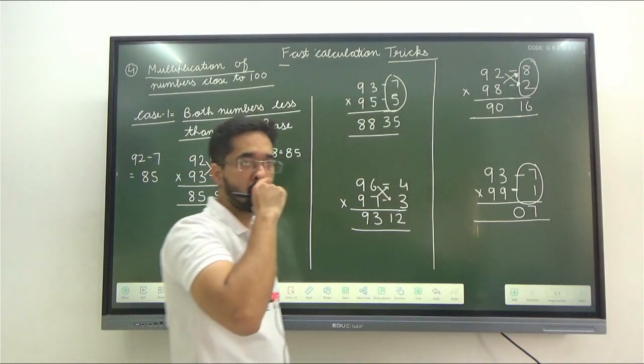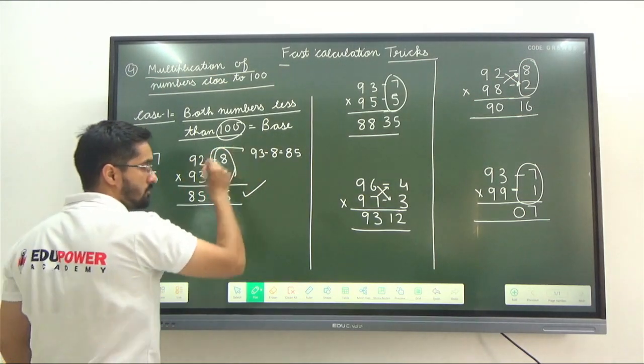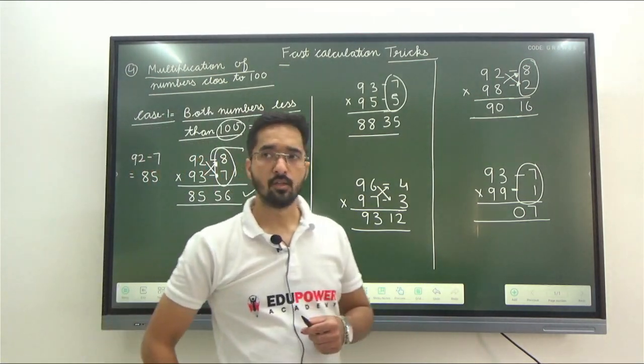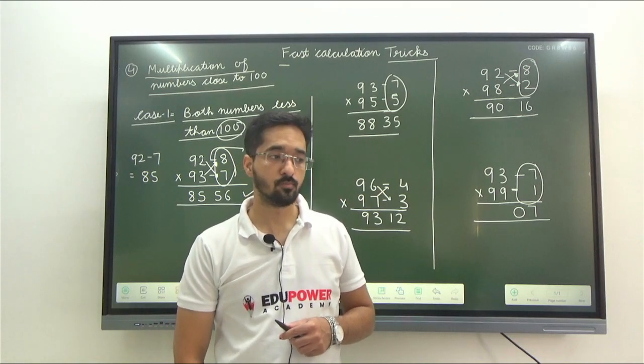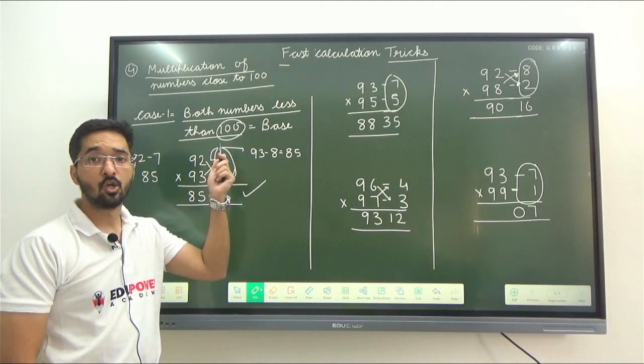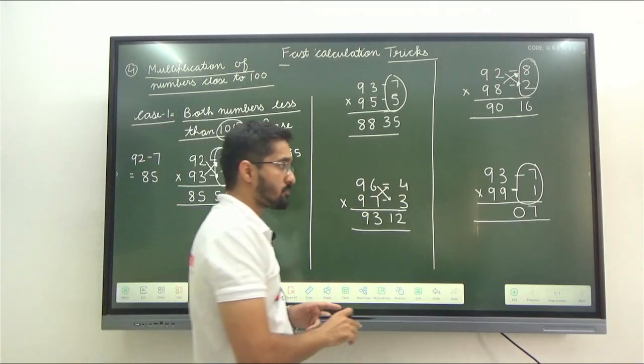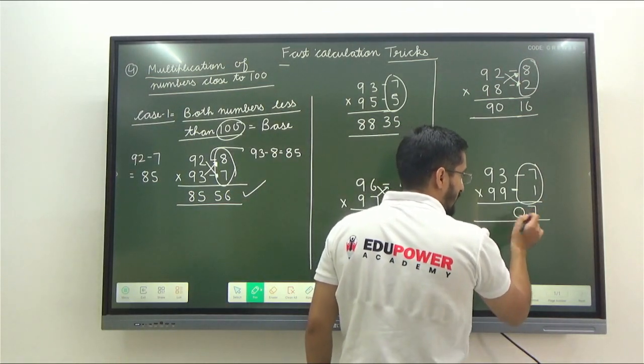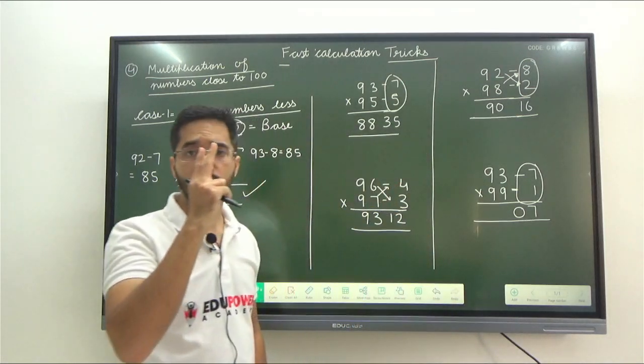Why? Because our base is 100. This 100 has how many zeros? It has 2 zeros. If the base has 2 zeros, then whatever multiplication we get should have at least 2 digits.